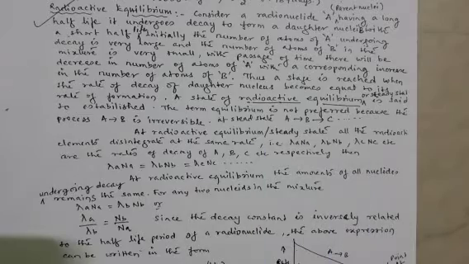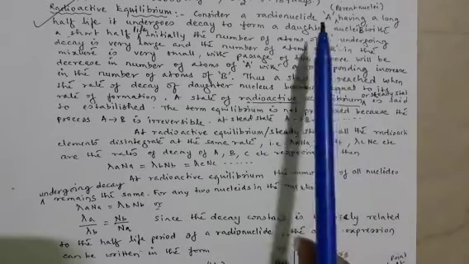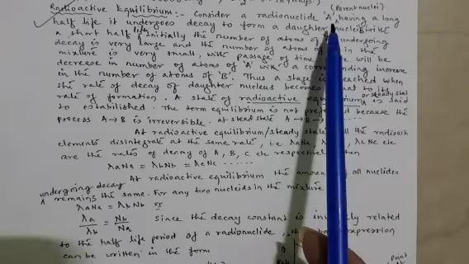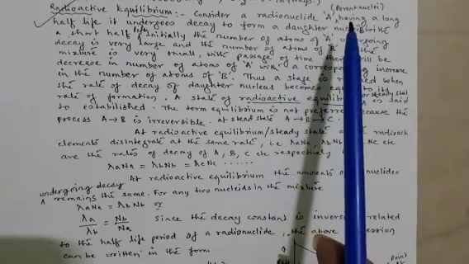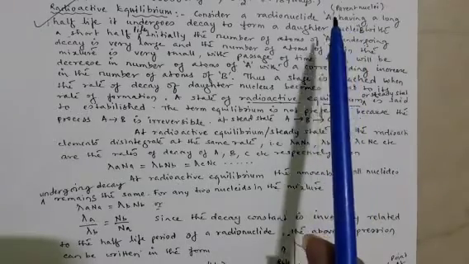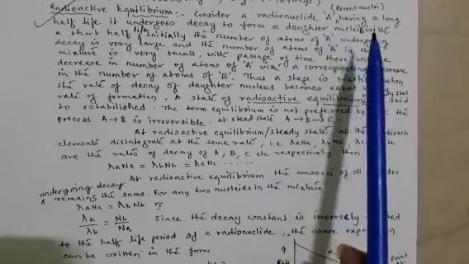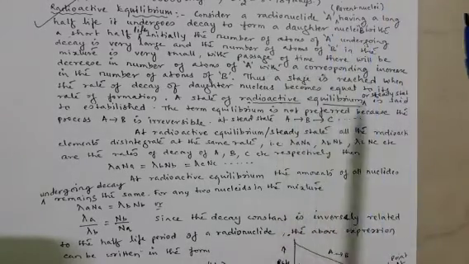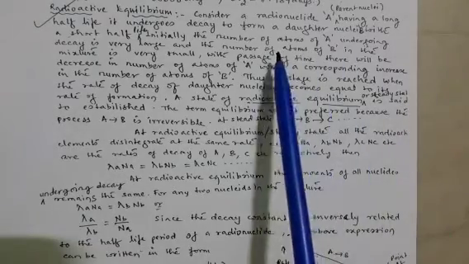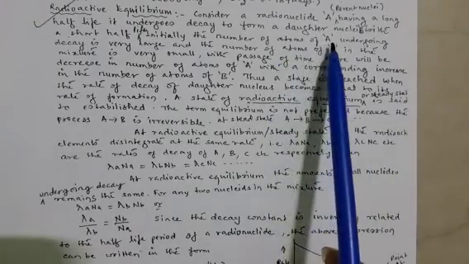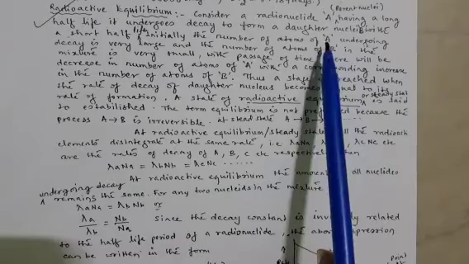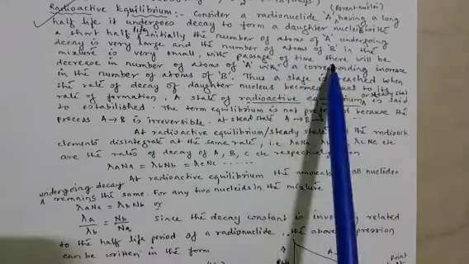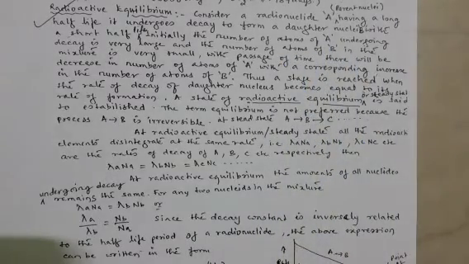Similarly, in radioactive disintegration, when the parent nuclei A decays, it forms the daughter nuclei B. As the disintegration proceeds, the number of atoms of parent nuclei A decreases and the number of atoms of daughter nuclei B increases.